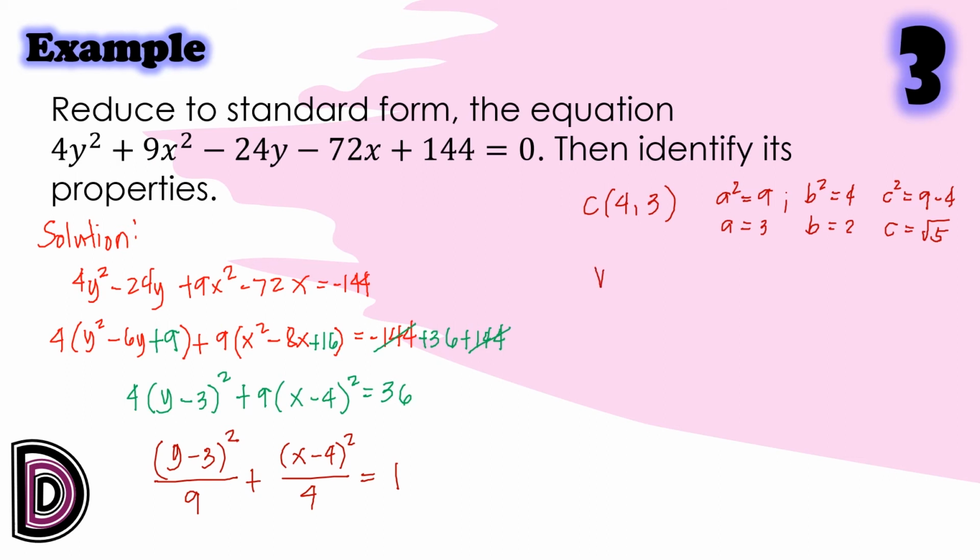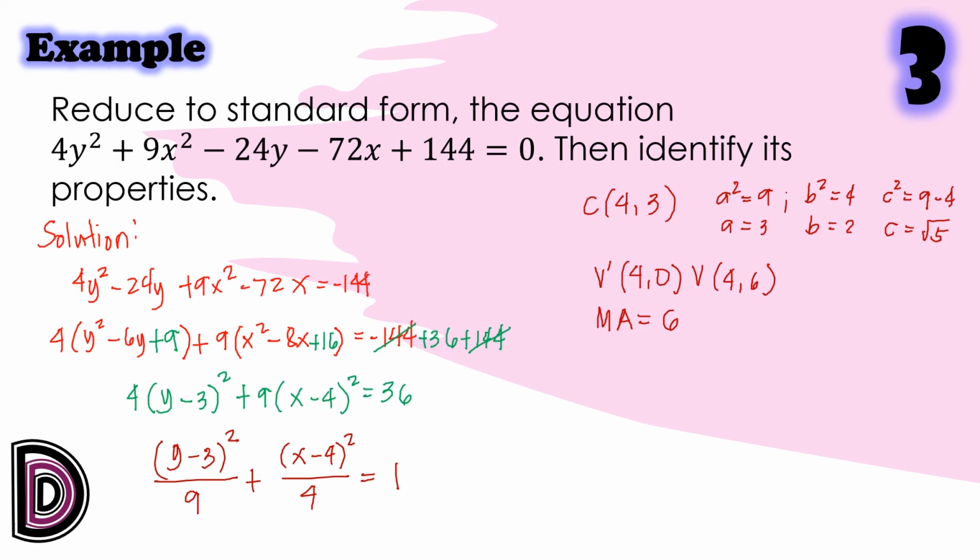The vertices will be at 4, 0, that is 4, 3 minus 3, and the other at 4, 6, that is at 4, 3 plus 3, so we have 4, 6. The length of the major axis is 2a, so that is equal to 6.